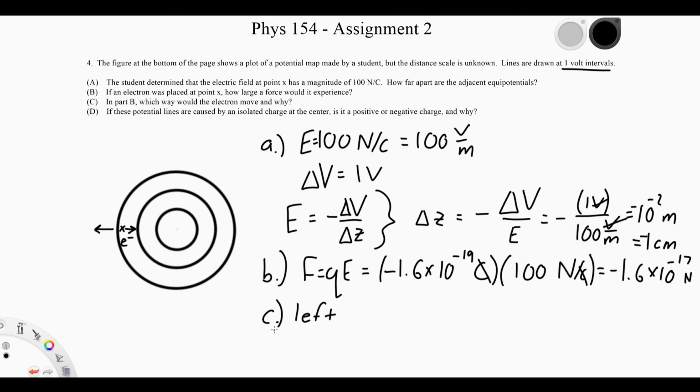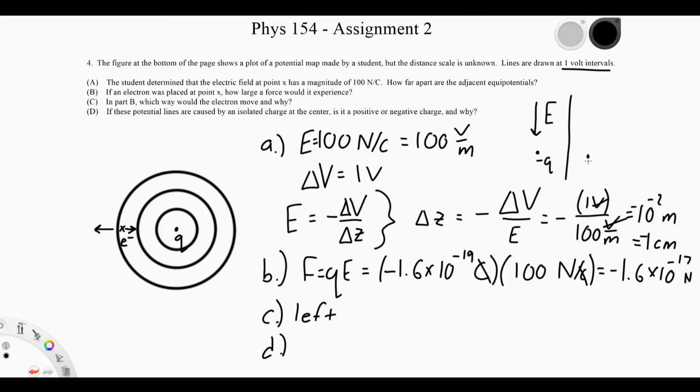Okay. As well, moving on to part D, if these potential lines are caused by an isolated charge at the center, is it a positive or negative charge and why? So there's actually a couple of ways we could go about this. We know that any electric field produced by a charge, if that charge is negative, then the electric field produced will be towards that charge.